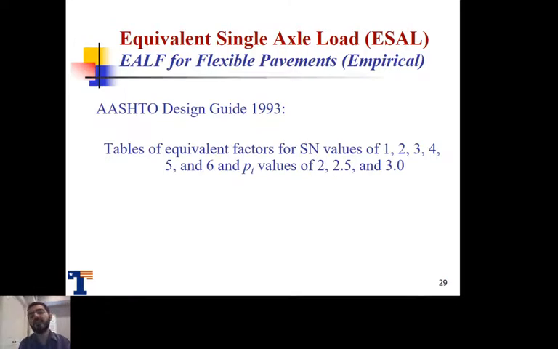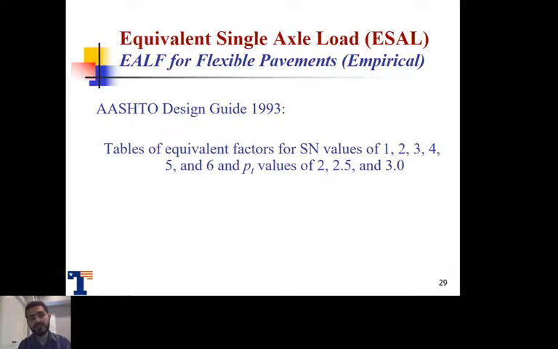So the AASHTO Design Guide 1993 came up with lots of tables that can provide you with the ELAF. Those tables of equivalent factors are for structural number values of 1, 2, 3, 4, 5, and 6, and Pt values ranging from 2 to 2.5 to 3.